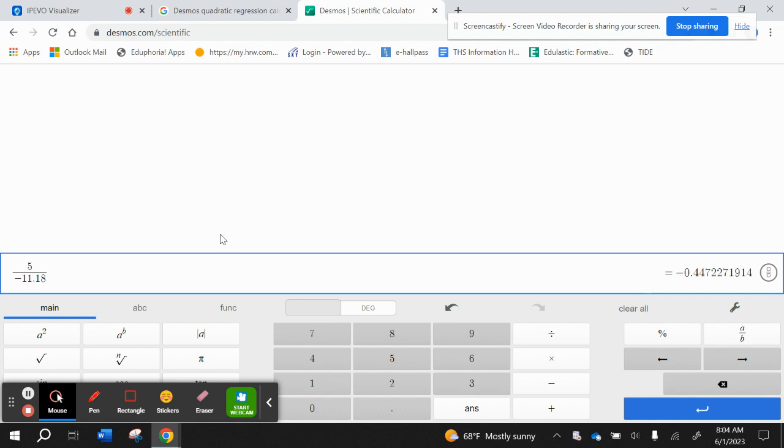And we're going to round that to 1 decimal place. The 4 doesn't round the 4 up, so I'm okay writing that as negative 0.4.